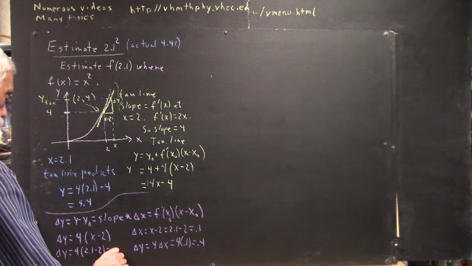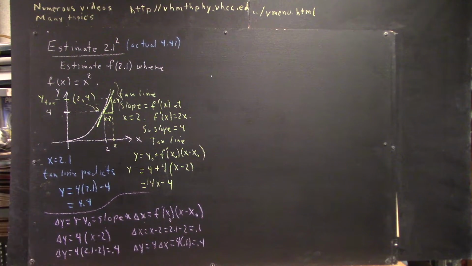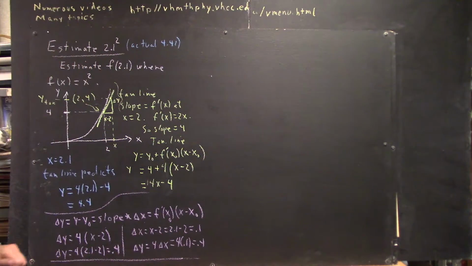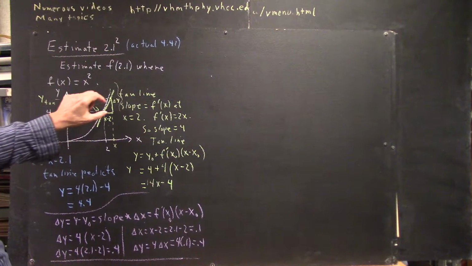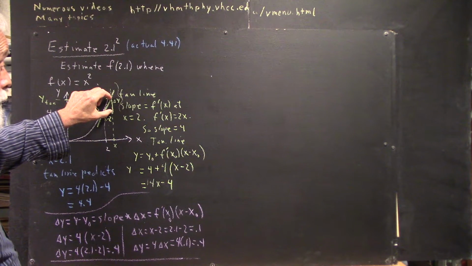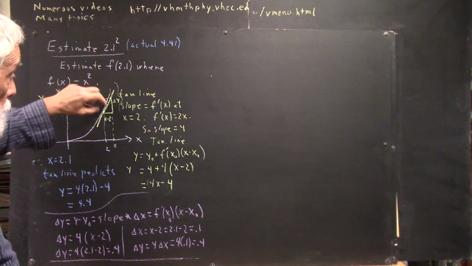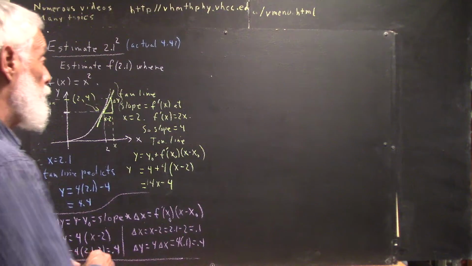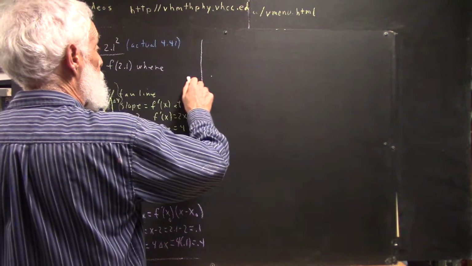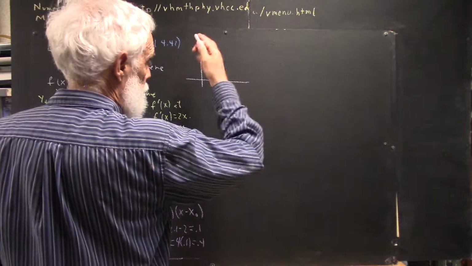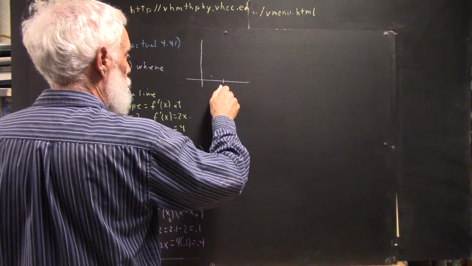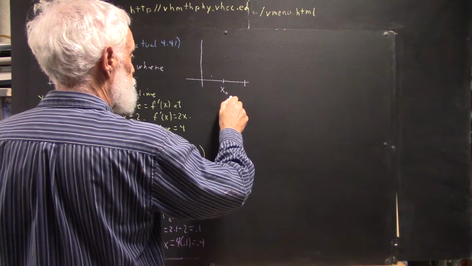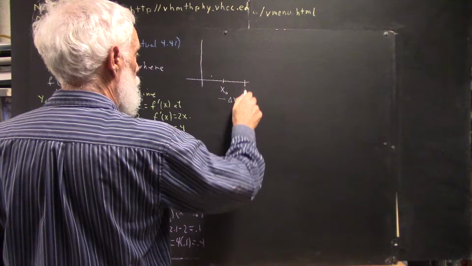And here I can write out the same thing this way. The simplest way to look at it is that the change in the function, according to the tangent line, is just the slope times delta x. So let's write that down once more. In general, and it's not very well drawn, but let's say here's the known point, and here's delta x.